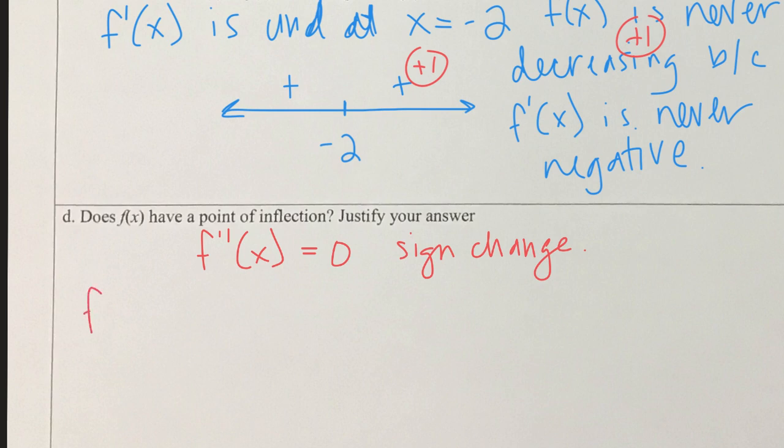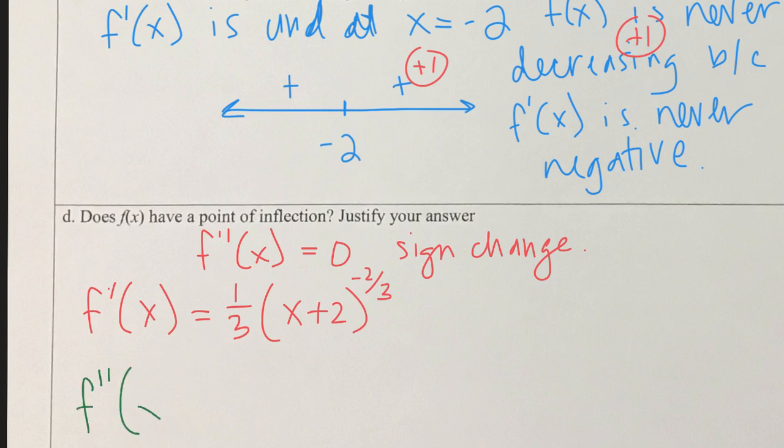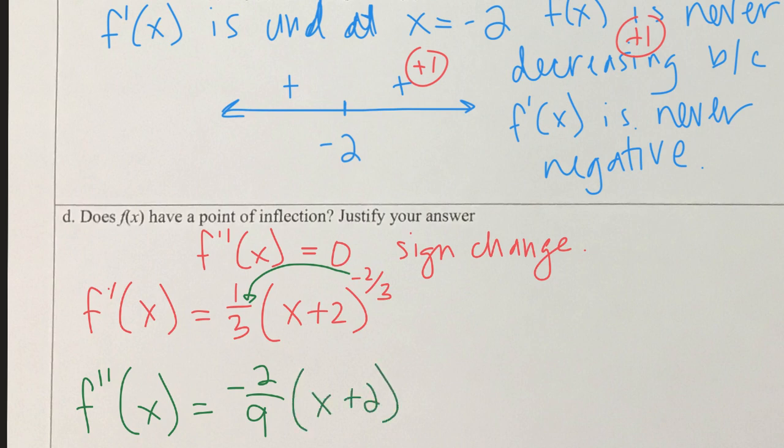So let's see, our first derivative was this crazy function right here. Let's take the derivative of this. Let's practice our power rule. We're going to bring the negative 2/3 and multiply it by 1/3, which is negative 2/9. x plus 2 doesn't change. We're going to subtract 1 from our power, so we subtract another 3/3, giving negative 5/3.